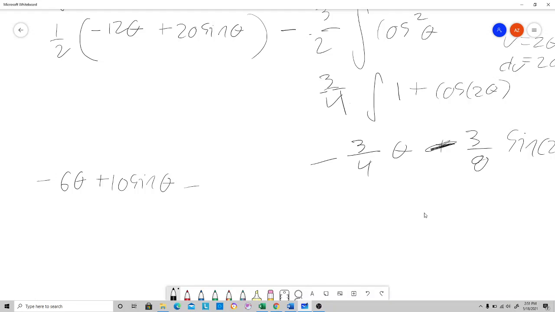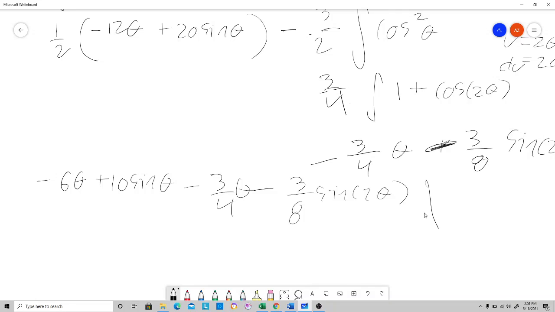Minus 3/4 theta. Look, I already distributed the 1/2, so I don't need to distribute the 1/2 anymore. And then minus 3 over 8. Oops, sorry, this is theta. Sine 2 theta. Okay, so that's good.